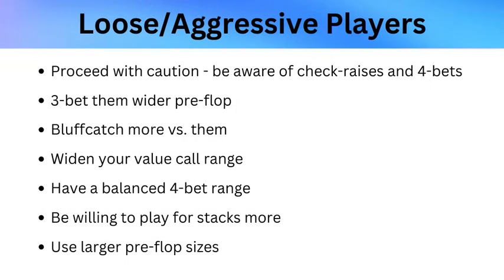You want to have a balanced 4-bet range, so they are going to be 3-betting you pretty wide pre-flop, so you have to be prepared to 4-bet them with some hands. It doesn't have to be a premium hand, but a good candidate for 4-bets would be hands with blockers to their snap calls. Hands like ace-9, ace-10, king-9, king-8, things like that, that are too weak to flat, but have blockers, they block their 3-betting range.